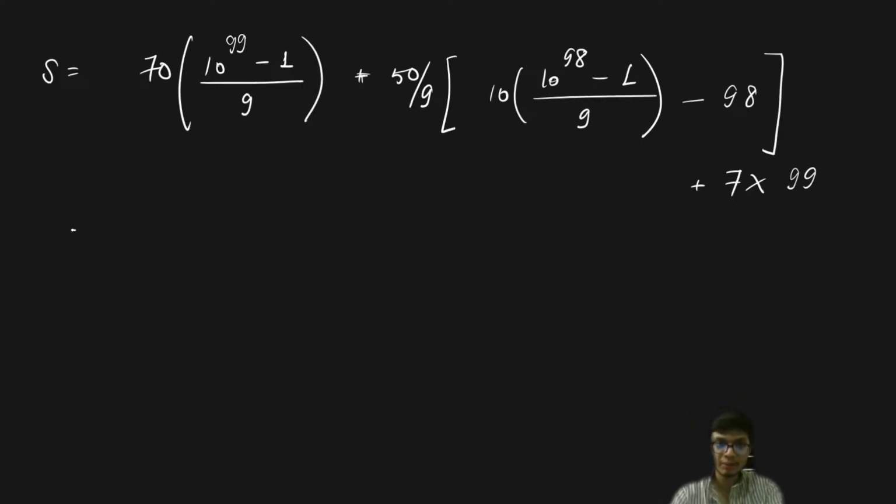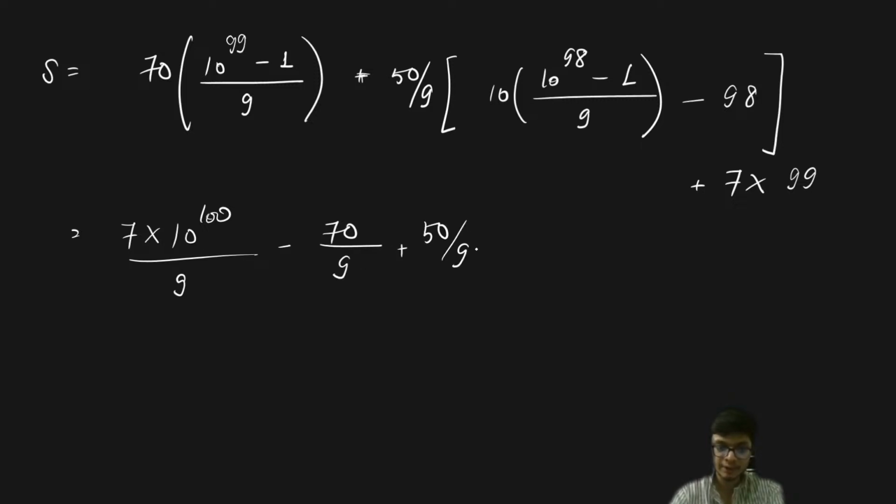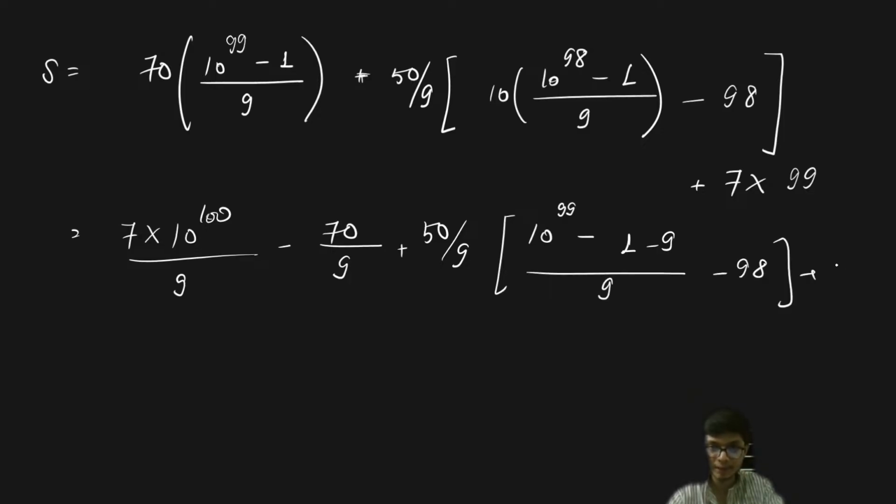Now, this particular summation can be simplified as 7 into 10 to the power 100 divided by 9 minus 70 upon 9 plus 50 upon 9 multiplied with (10 to the power 99 minus 1 minus 9) divided by 9 minus 98 plus 7 into 99, right?